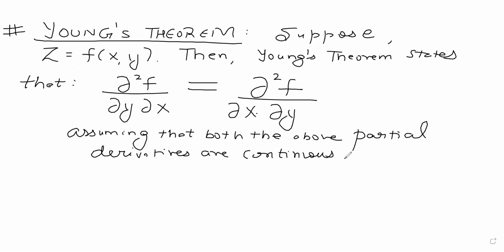Young's theorem simply states that if you first differentiate the function with respect to x and then with respect to y, and then you switch and you first differentiate with respect to y and then with respect to x, your answer is going to come out the same. Okay, so now let's practice a question based on Young's theorem. So our heading now is practice question based on Young's theorem.